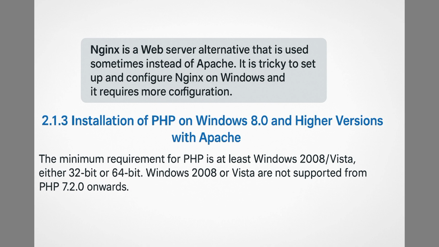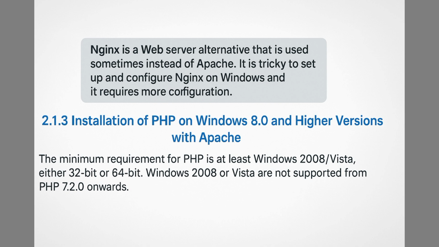Before we begin installing PHP on Windows, it's important to understand that there are different web server options available for running PHP. The most commonly used one is Apache, but there is also an alternative called Nginx. Nginx is a modern and efficient web server that is often used as an alternative to Apache. It's known for its high performance and ability to handle many connections simultaneously, which makes it popular for large-scale web applications.